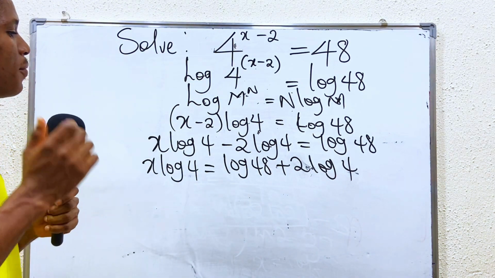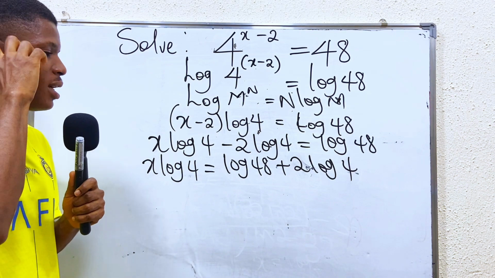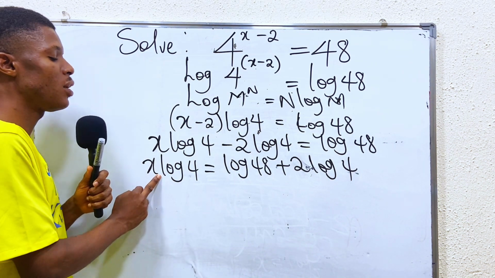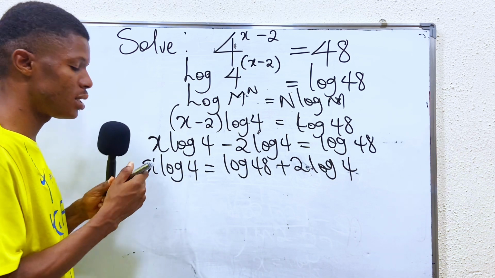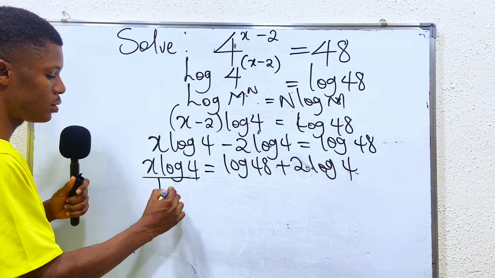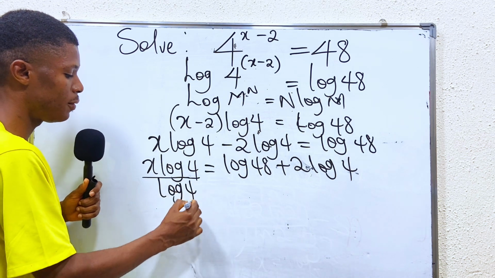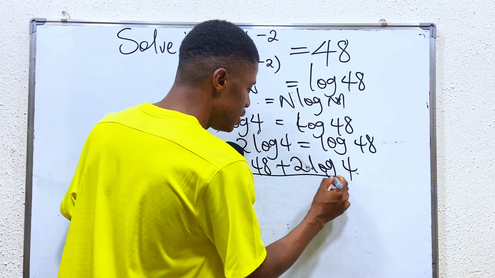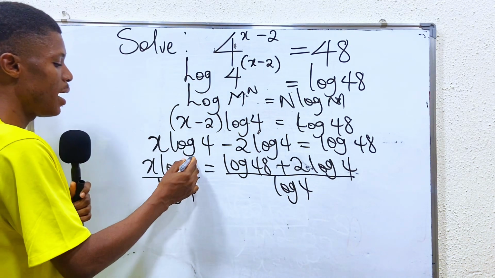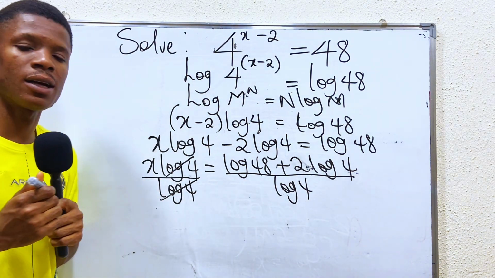Good. If we have this, what do we observe? We are looking for x actually, but we've gotten all this. So the next thing we do is to divide, to cancel out this log 4. And to do that, we divide each term here by log 4.